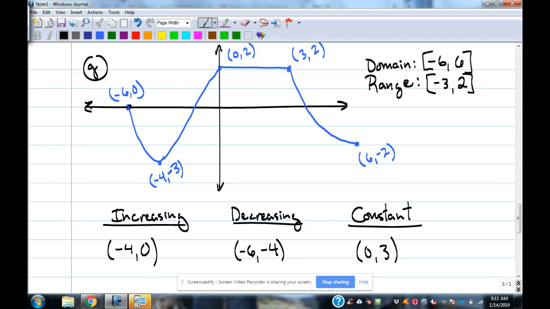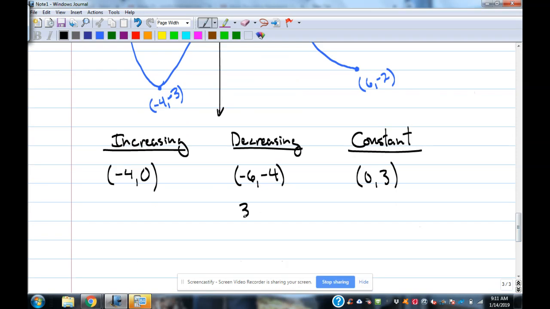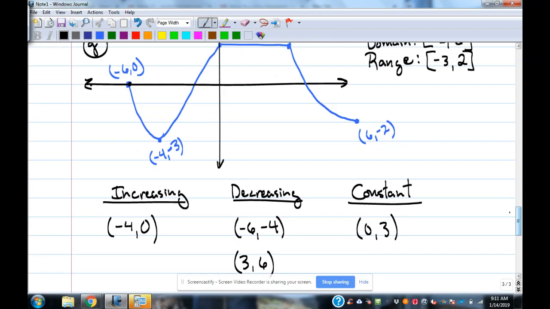And then what's it do next? Decrease from 3 to 6. So we happen to have 2 decreasing intervals out of that. Okay. It really is that simple. Don't overthink the increasing, decreasing, and constant intervals. It is that easy. Don't overthink those.